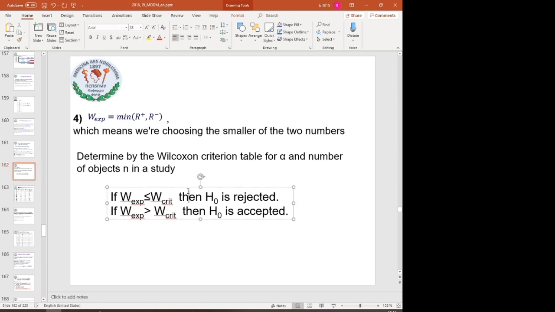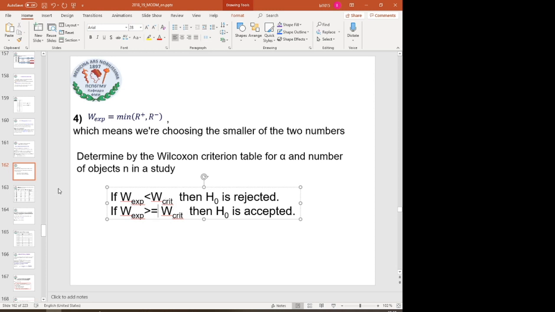Unlike a parametric criterion, in this Wilcoxon non-parametric, or rank, criterion we reject the null hypothesis if our experimental value is strictly less than critical, and we accept the null hypothesis if the experimental value is greater than or equal to critical.